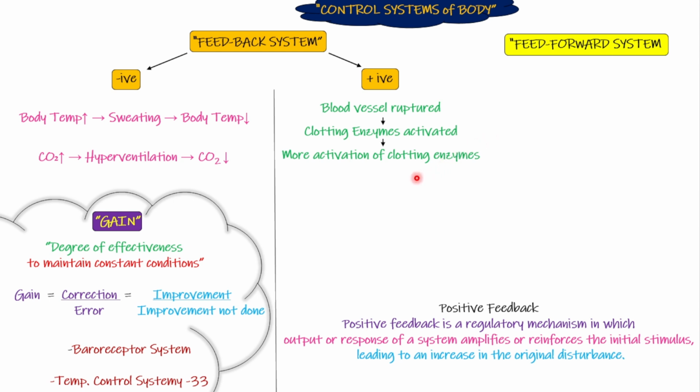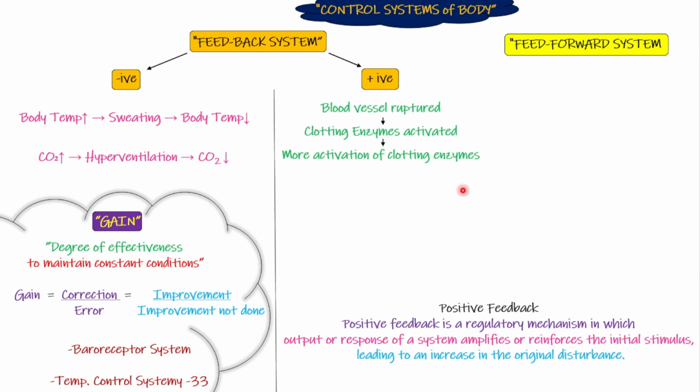So it behaves like a positive vicious cycle, where one thing promotes the other, and it just keeps going on and on. So with blood vessel rupture, a clotting enzyme is activated, that enzyme activates another enzyme, and they all keep activating each other. This is a typical example of a positive feedback system.